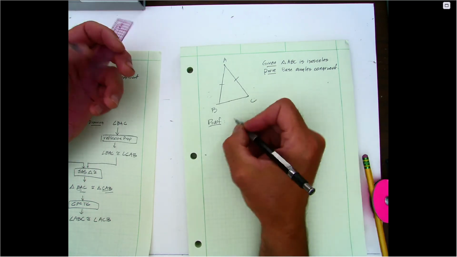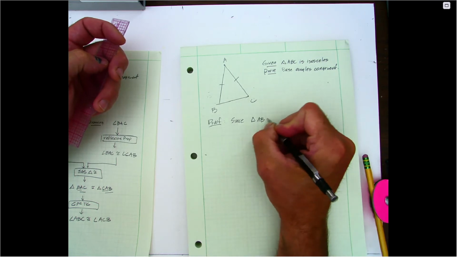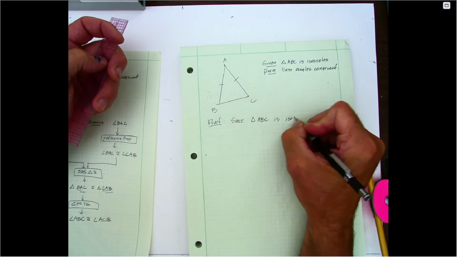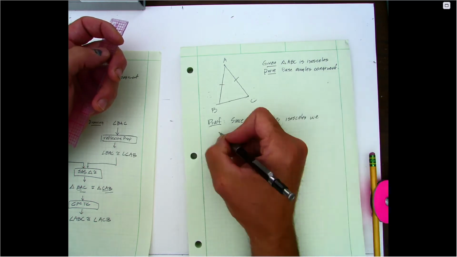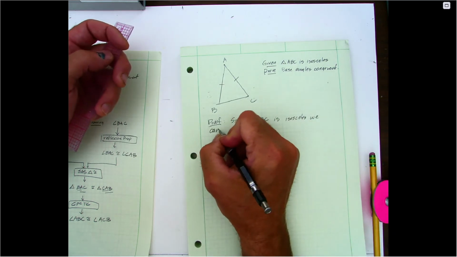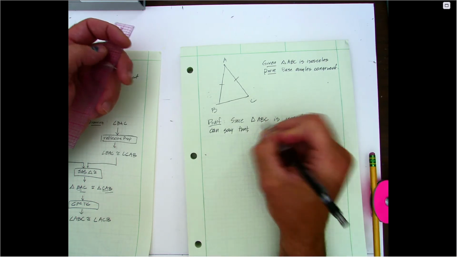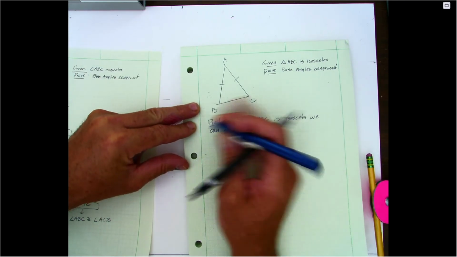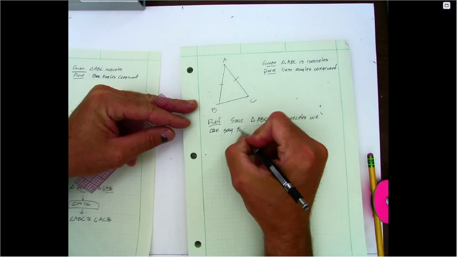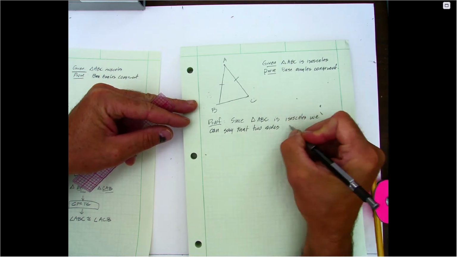What I'll say is, since triangle ABC is isosceles, we can say that two sides are congruent.